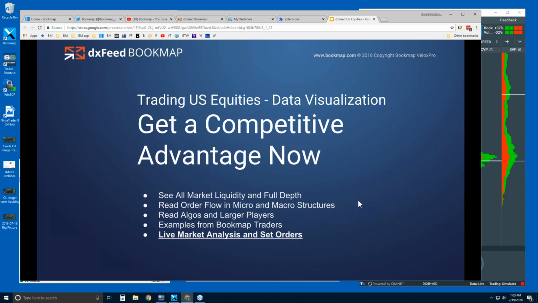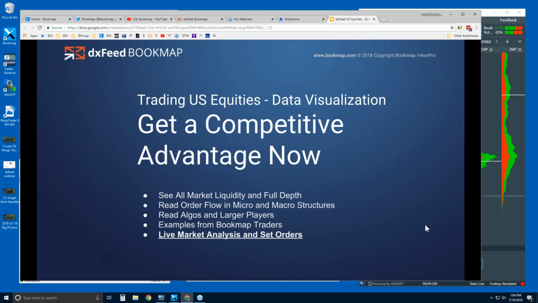We're going to read the order flow, the microstructure, macrostructure. We're going to be able to see algos. We're going to be able to see larger players, and go through some trade examples of other Bookmap traders. But the focus is on live market analysis, and we'll set some orders as well.